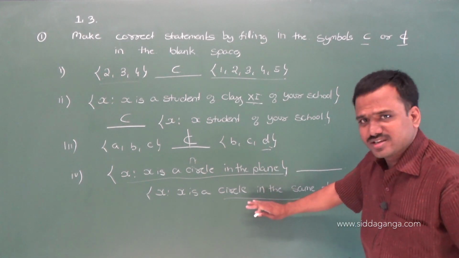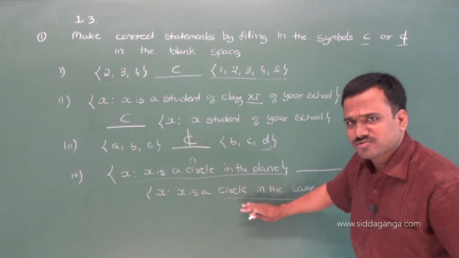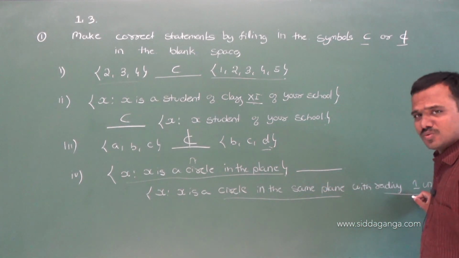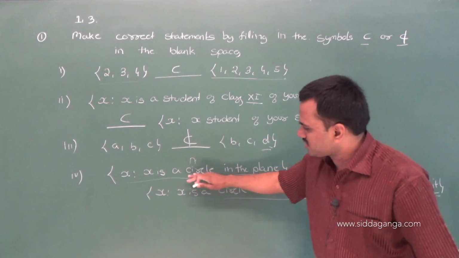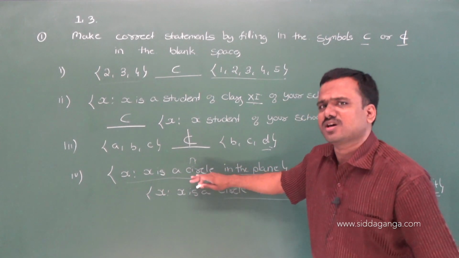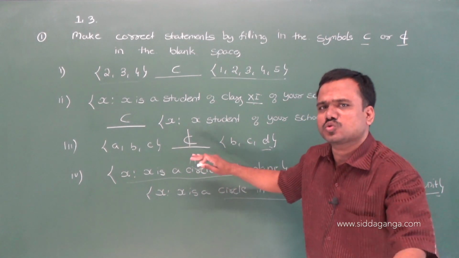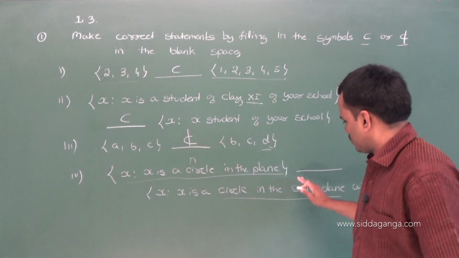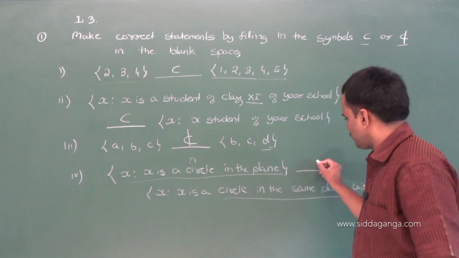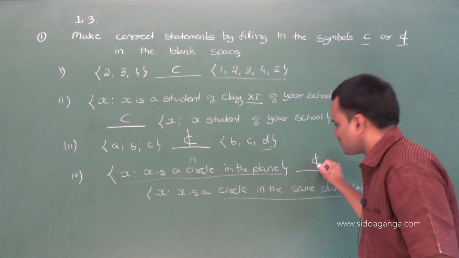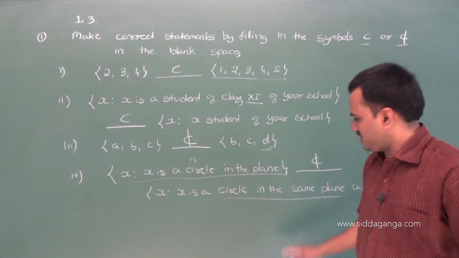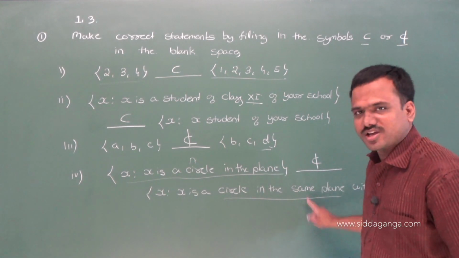It contains circles of radius 1 unit, and the other contains circles of radius maybe 1, radius 2, radius 3 and so on. So by seeing these two sets, no doubt it is not a subset.